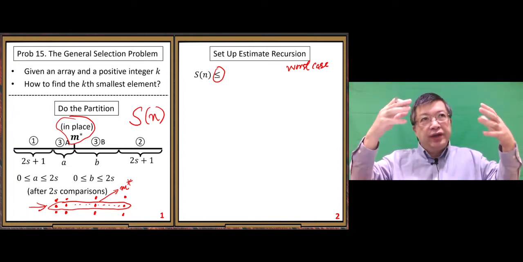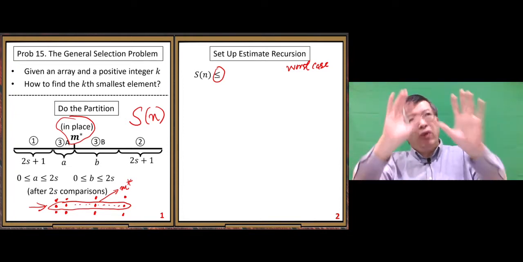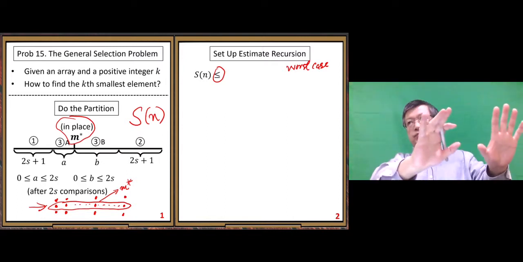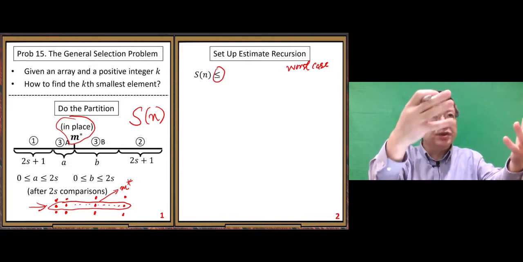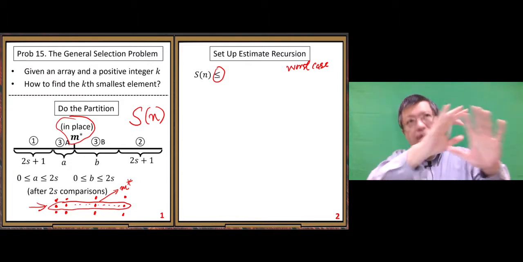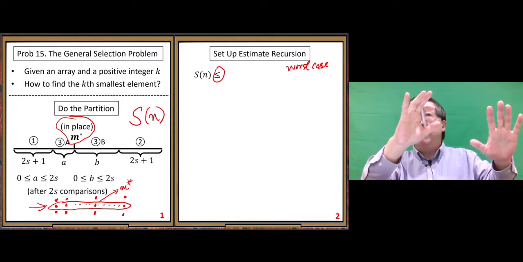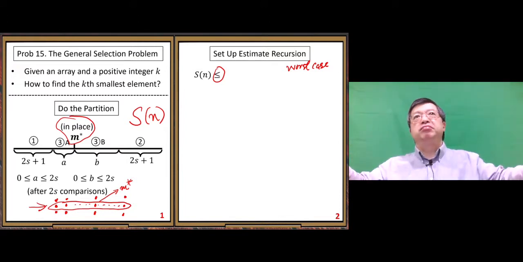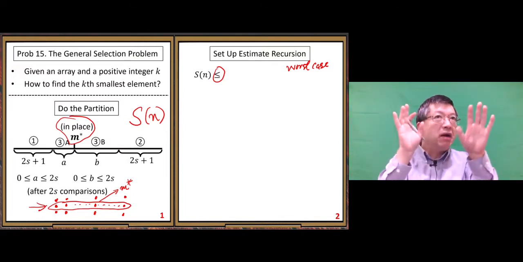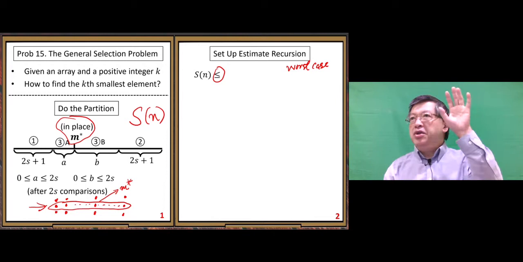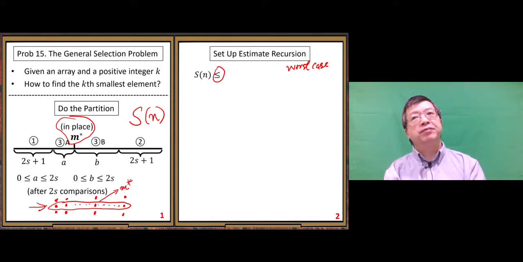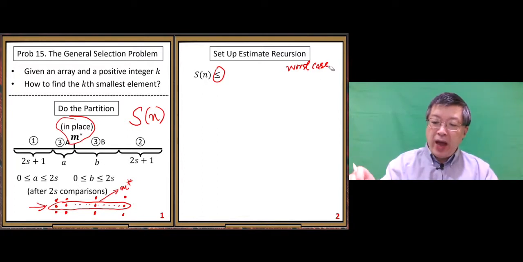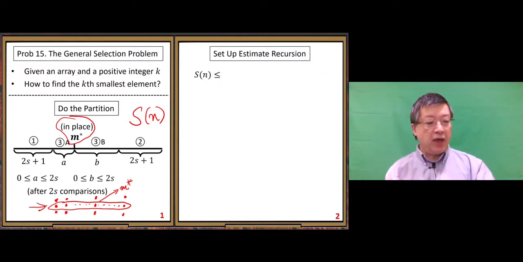We consider the worst case at each step, the highest possible cost, so we can cover all the possibilities. Otherwise, you may not cover some of the special cases. With that in mind, let's do step-by-step estimation.